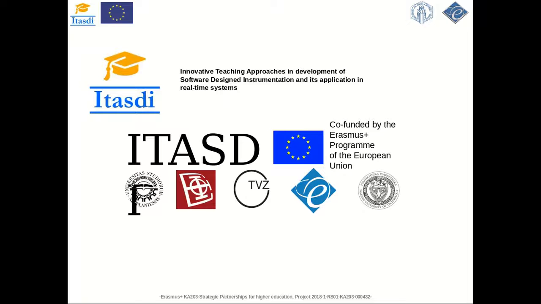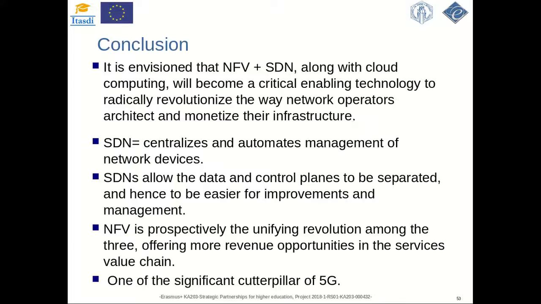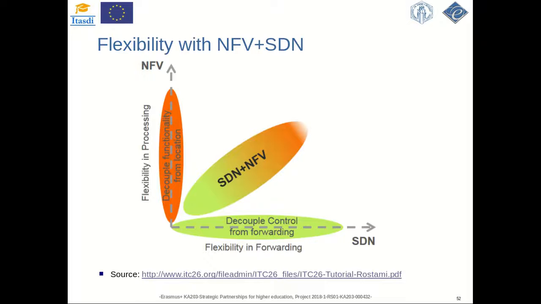I hope that everyone has enjoyed this presentation, that we have learned a lot of things about network virtualization, about the different parts of those two types, software defined network and network functional virtualization, which basically have many things in common but also many differences.